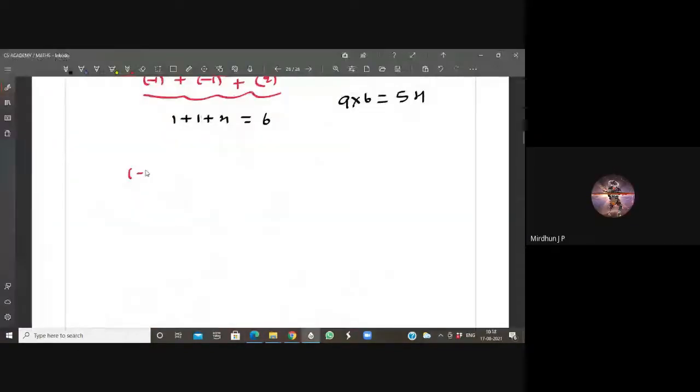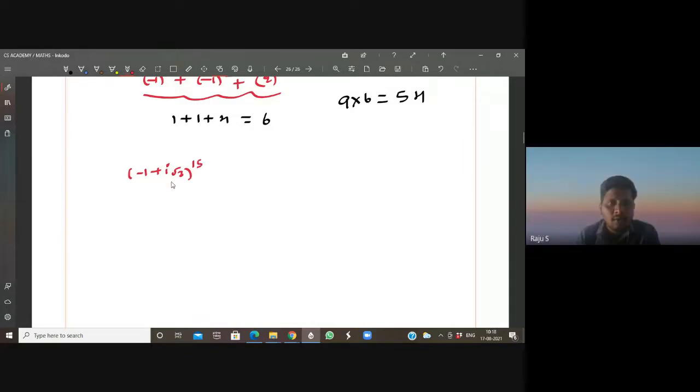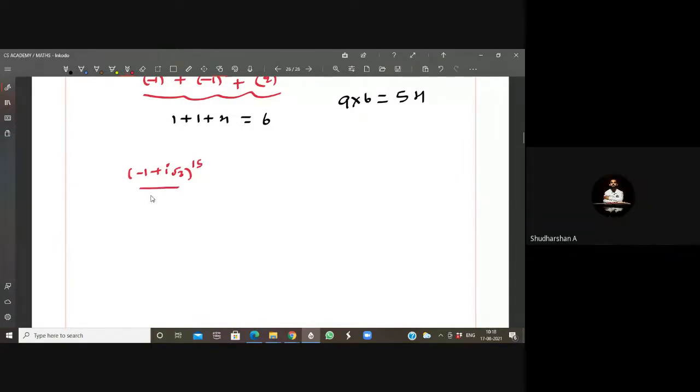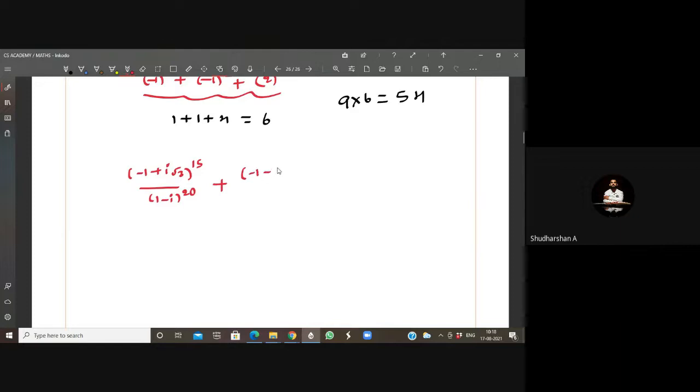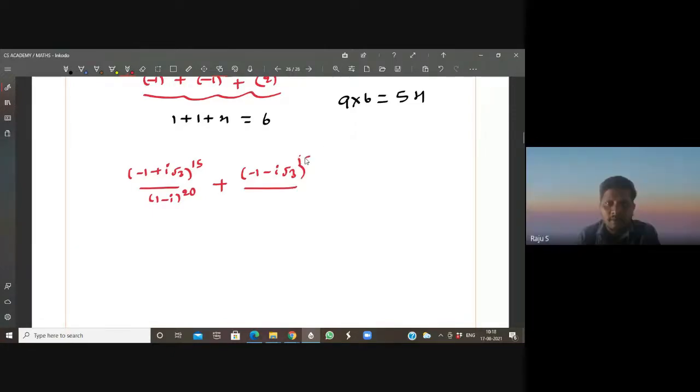Minus 1 plus root 3 iota, whole power 15, by 1 minus iota whole power 20, plus minus 1 minus iota root 3 by 1 plus iota whole power 15. Then 1 plus iota all to the power of 20, right?